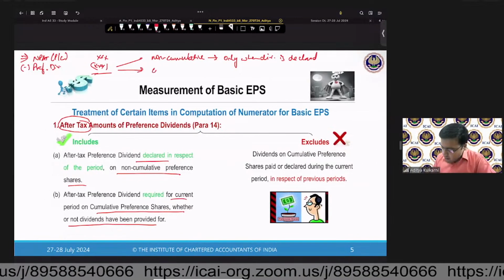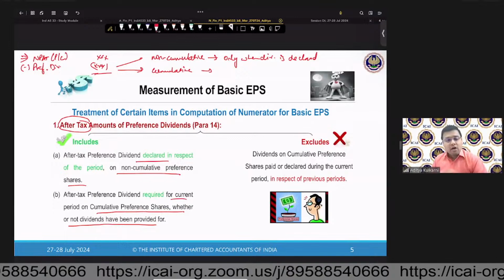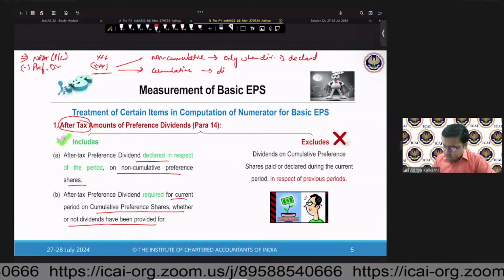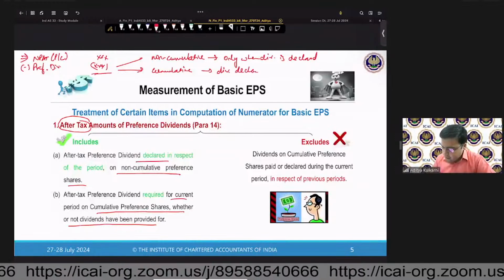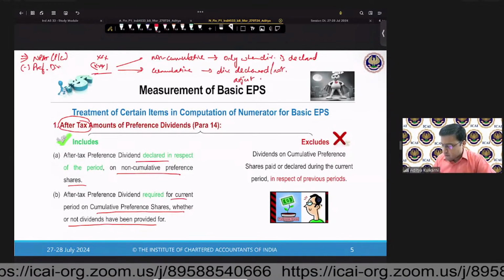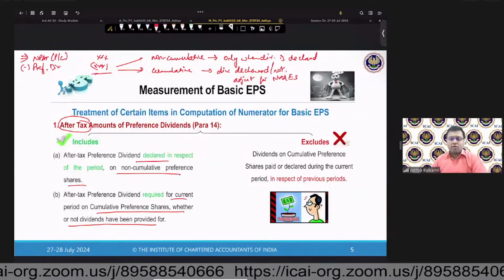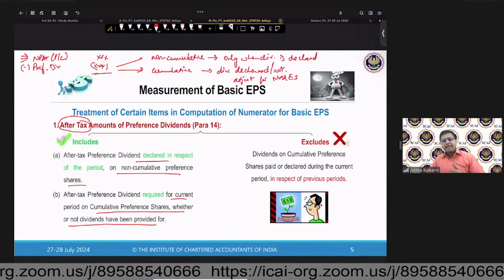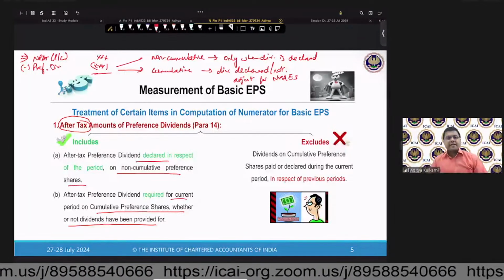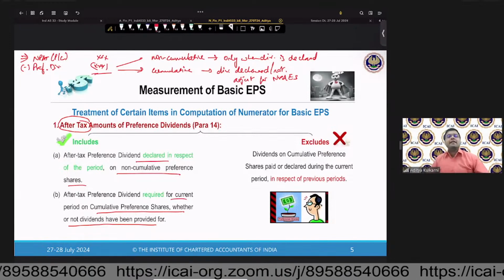But when I talk about cumulative, whether or not dividend is declared, you have to do the adjustment for net profit attributable to equity shareholders. Obviously, in the current year I did not declare, it is a cumulative preference share, so I will deduct. Next year, when I declare the dividend, I will declare for 2 years, the previous year and the current year.